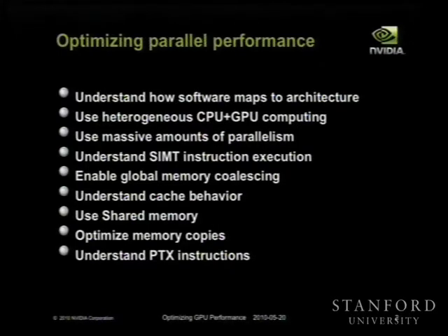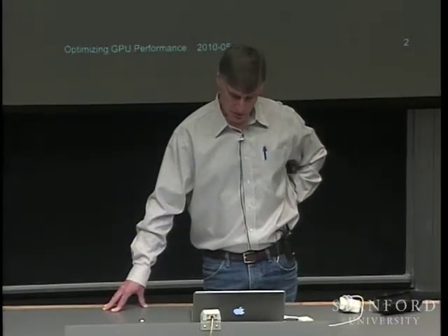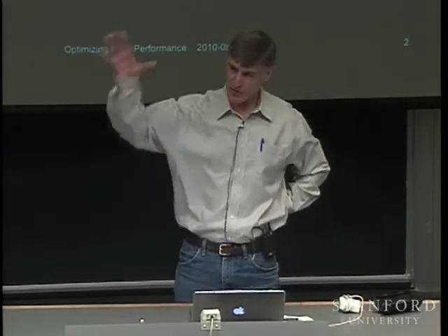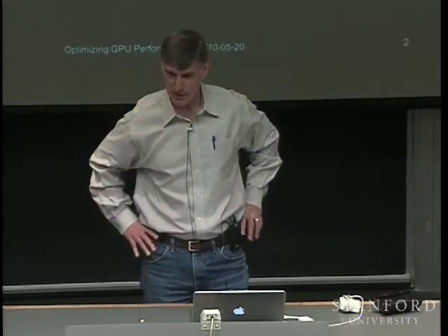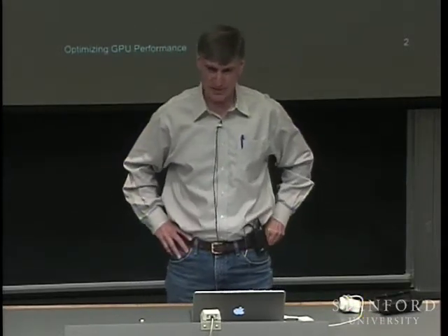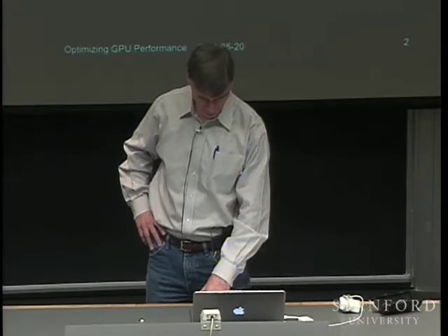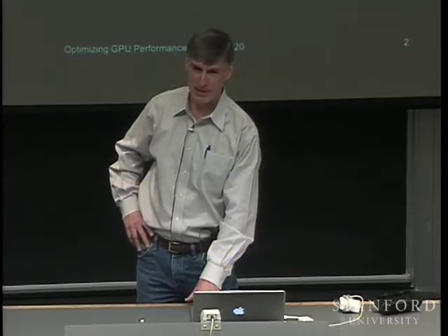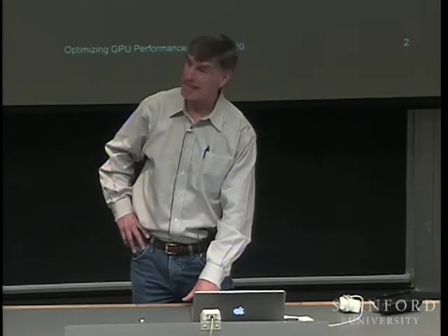So we'll talk about how to optimize that, and a little bit about memory copies. For those who are really curious, we can talk about understanding the underlying PTX assembly language instructions, and then we'll wrap up. But please ask questions all the way throughout, because that's the easiest way to communicate, I think. Any questions about what we're going to cover at this point?